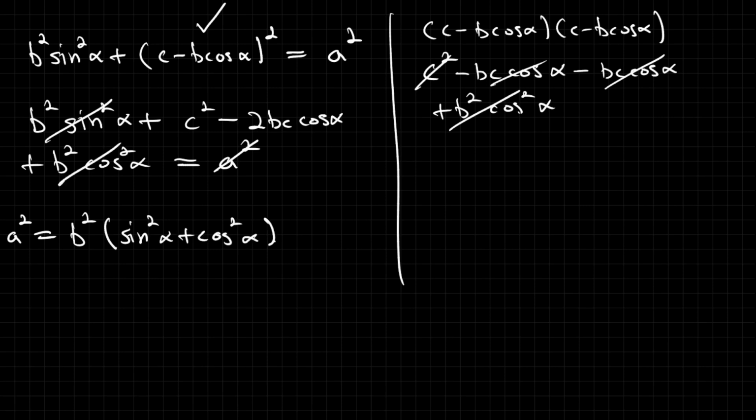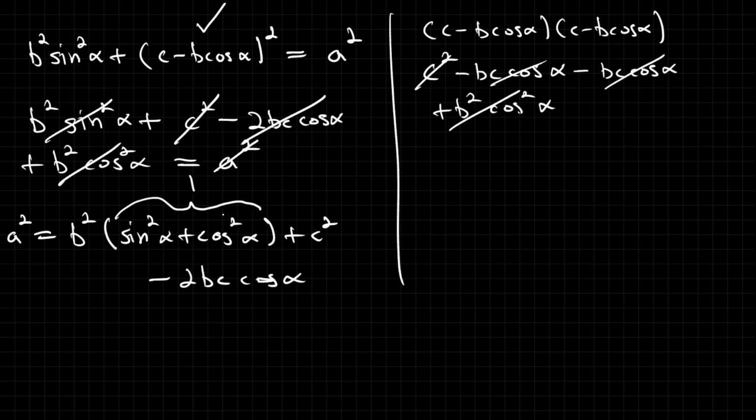Then I need plus c squared minus 2bc cosine alpha. And what do we know about sine squared alpha plus cosine squared alpha? It's equal to 1. And so a squared is b squared plus c squared minus 2bc cosine alpha.